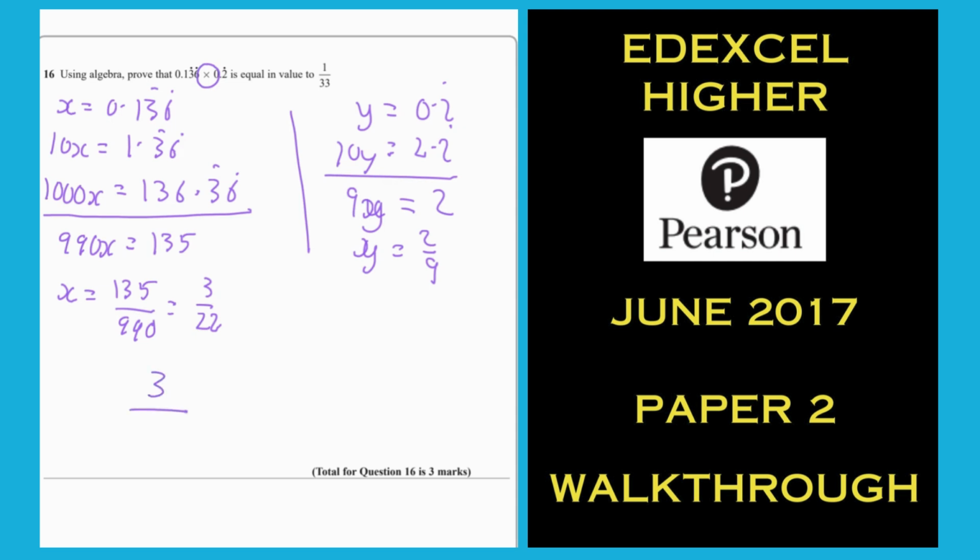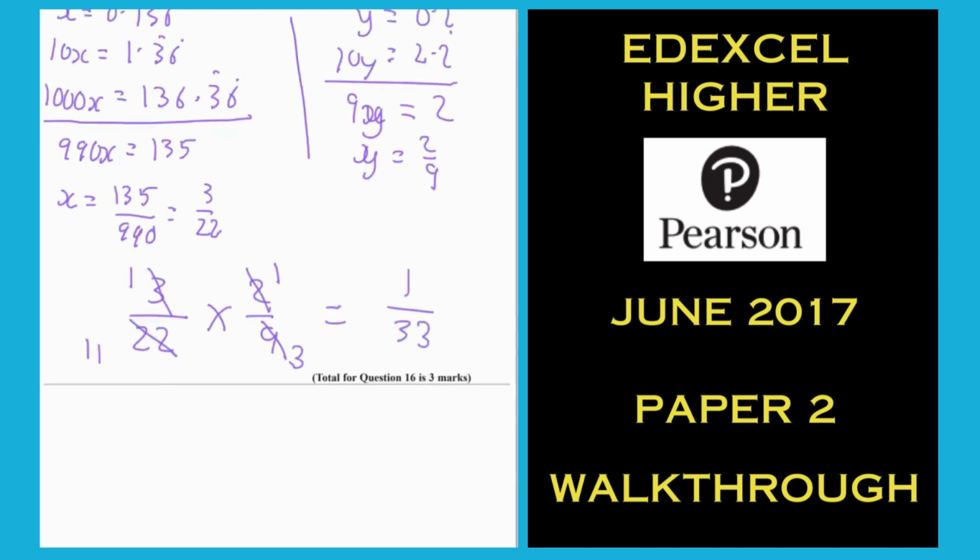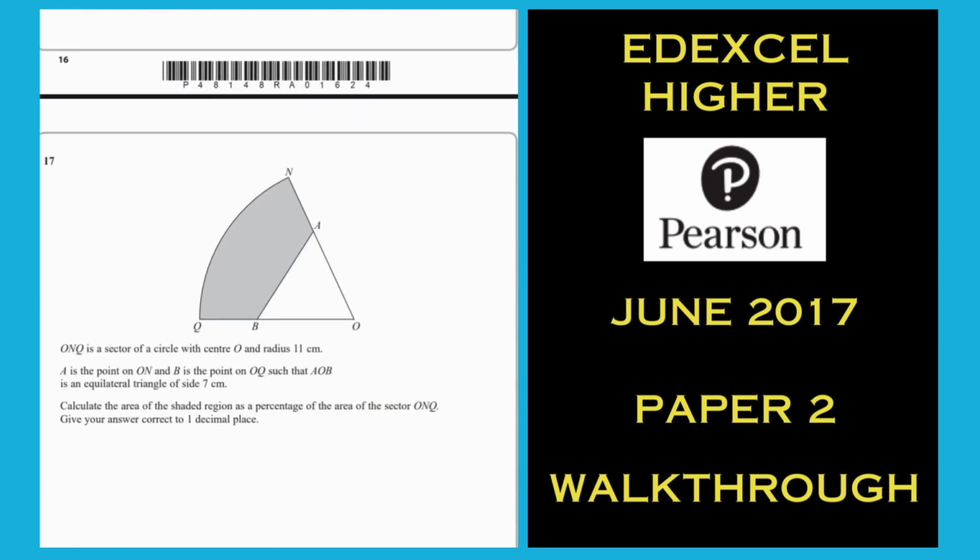So 3 over 22 times by 2/9. You could go straight for it, but I'll pre-cancel. Divide the top by 3, bottom by 3, divide top by 2, bottom by 2, and guess what we get? 1 over 33, thankfully.